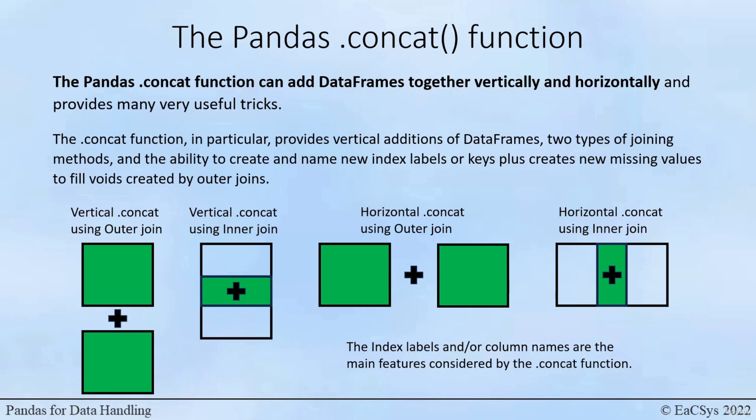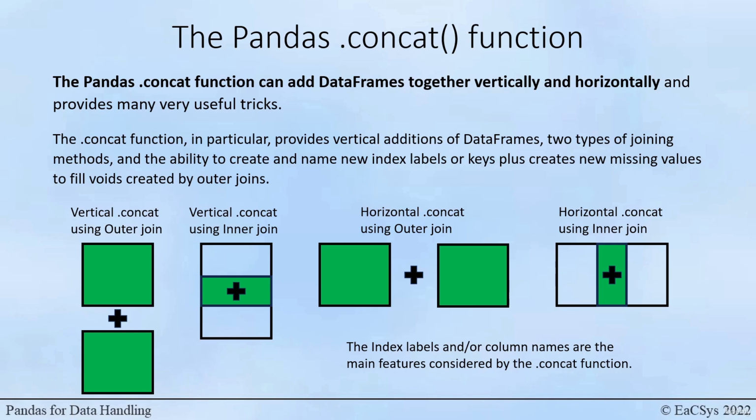So we can, for example, feed it a list with data frames, which may be a very useful way to add a large number of data frames together. And the concat function provides us with several useful tricks. The concat function can add new keys or index columns with index labels for concatenated data frames, plus give the new indexes unique names.